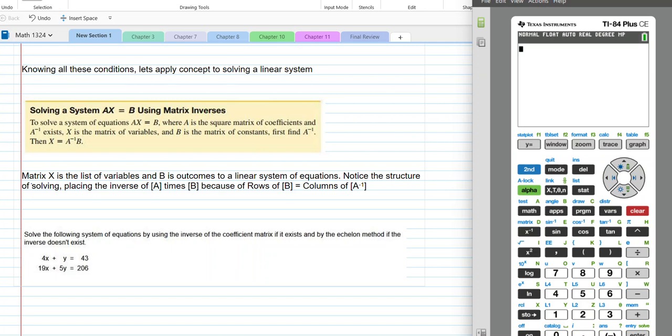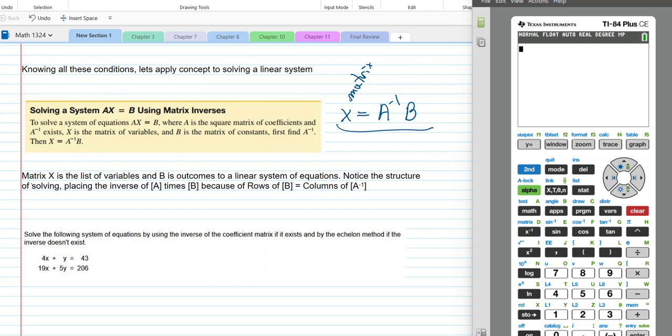Okay, so we solve it for x by saying the x matrix equals, and this order is important, A inverse times the B matrix. So this is the condition that we need.